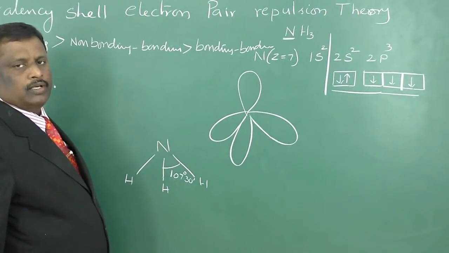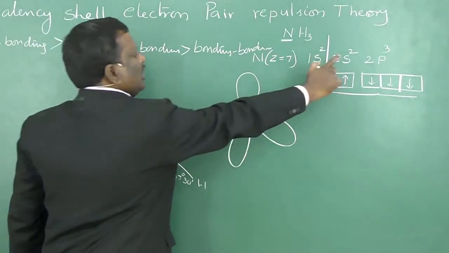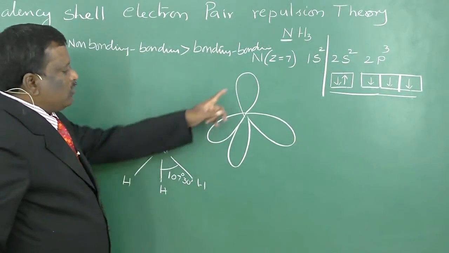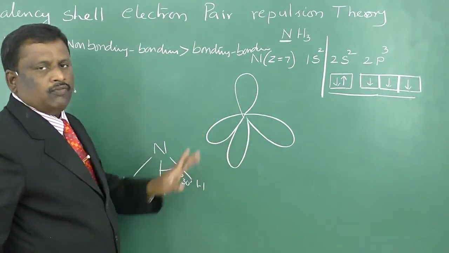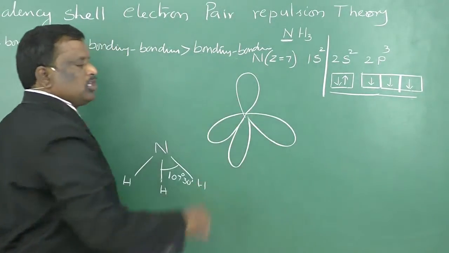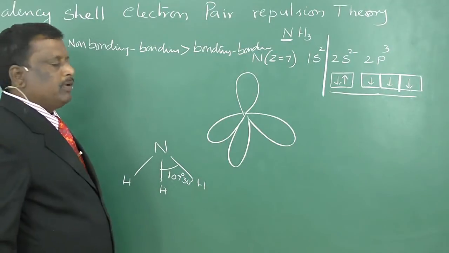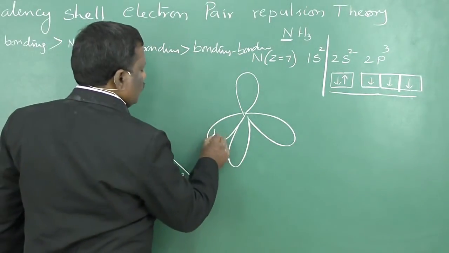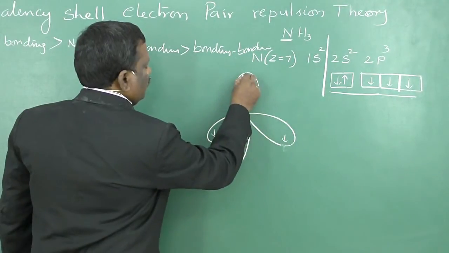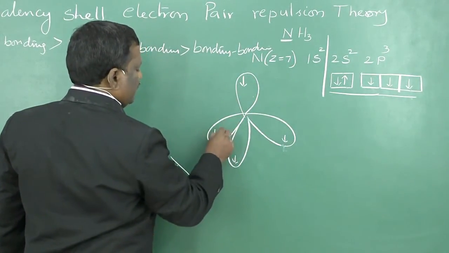In the valency shell of nitrogen we have 5 electrons, but there are 4 orbitals. So when these 5 electrons are distributed in the hybrid orbitals, what happens? 1, 2, 3, 4 and 5.